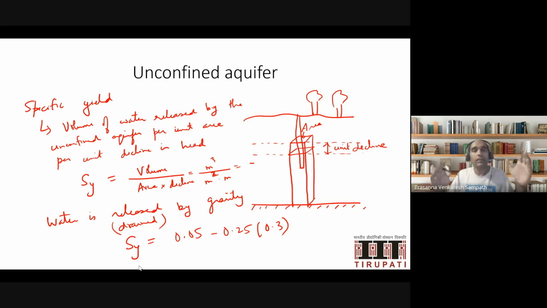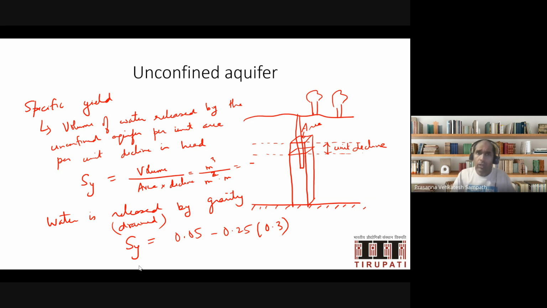So that's the distinction that we will draw between the water that is drained out by gravity and the water that is being held back by the cohesive or adhesive forces of attraction between the soil particles and the water molecules. Okay, so this is the unconfined aquifer.